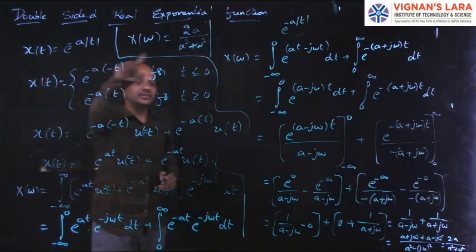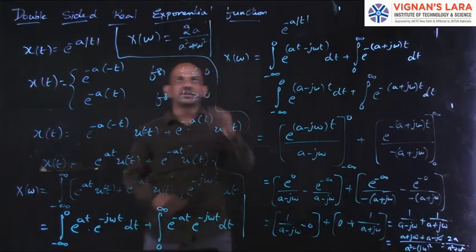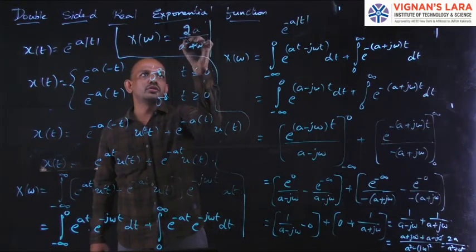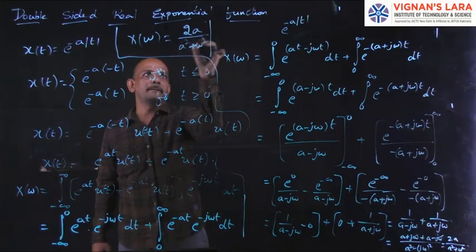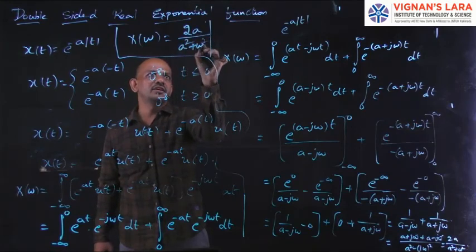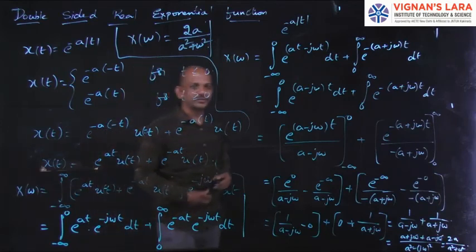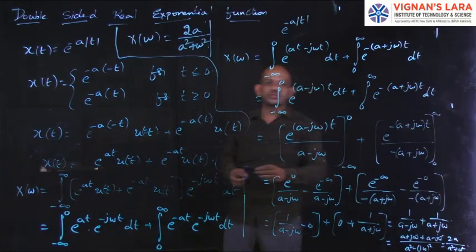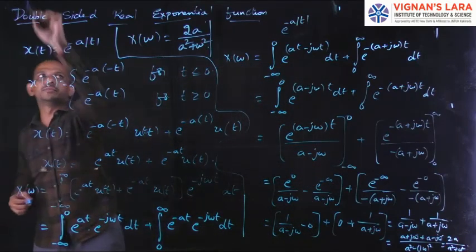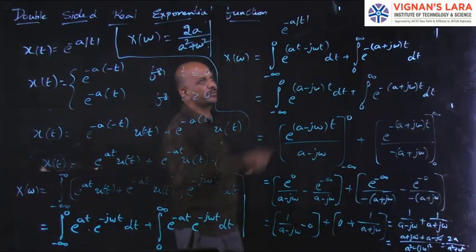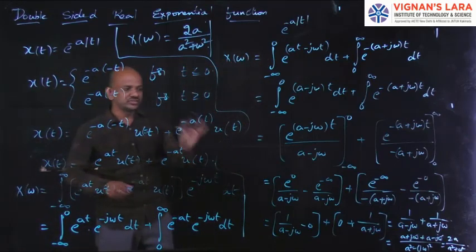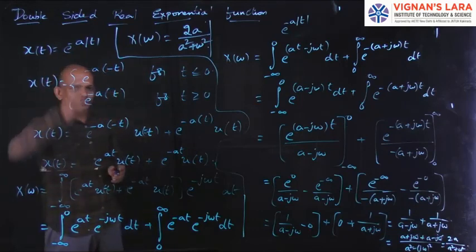For this function, the Fourier transform X of omega will be equal to 2a by a square plus omega square. So this is how to find out the Fourier transform of a double-sided real exponential function, that is e power minus a mod t.